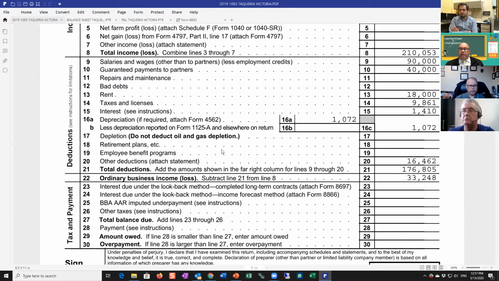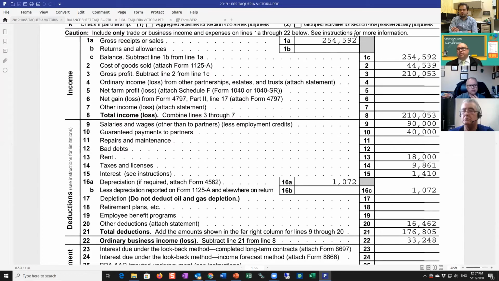One piece of advice: when your sales are, let's say, $254,000, I would not have a miscellaneous deduction of $10,000 or $5,000 for that matter. Miscellaneous deductions should be limited to truly miscellaneous items that are not worth listing individually because there are just too many.